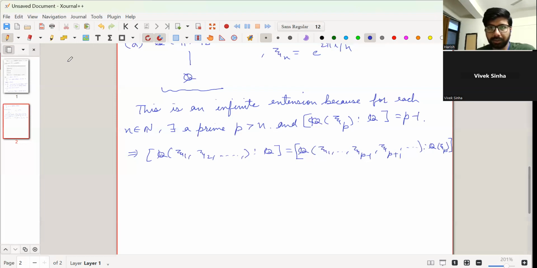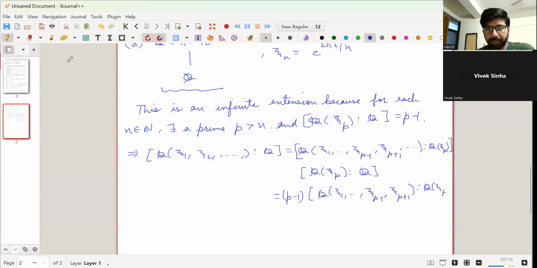Okay, and then you have Q of xi p over Q, right? So this is p minus 1 times Q of xi1, ..., xi p minus 1, xi p plus 1, and so on, over Q of xi p.